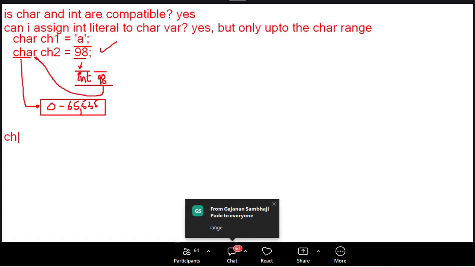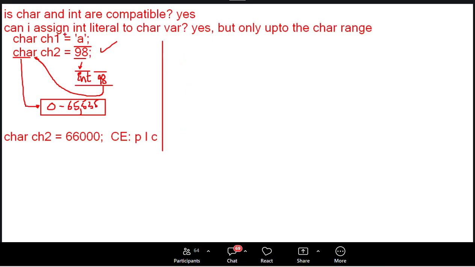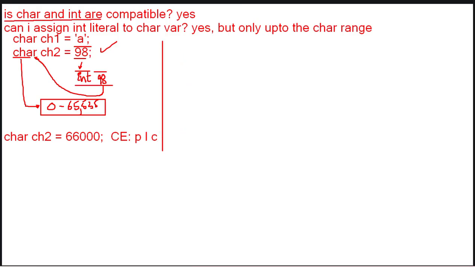For example, I am writing char ch equal to 66,000. Allowed or not allowed? Not allowed. Now you'll get a compile time error: possible lossy conversion from int to char. What is the range of char? 0 to 65,535. Now answer my question again: are char and int compatible?